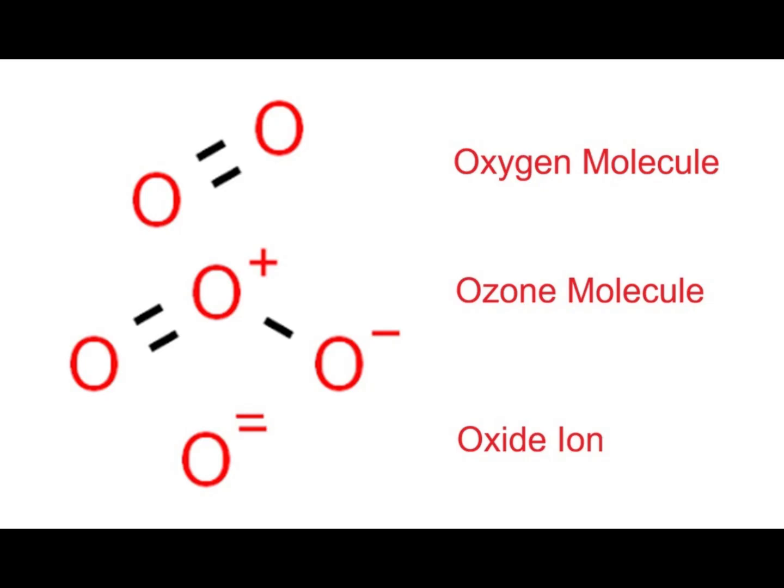Ozone is slightly charged with a positive charge near the center oxygen atom, and then a more negative charge near the oxygen atom that's on the wing. Also, oxygen can exist as a single atom, as shown at the bottom of the graphic. There are two cycles of chemical reactions in the upper atmosphere that ensure these entities are always present.